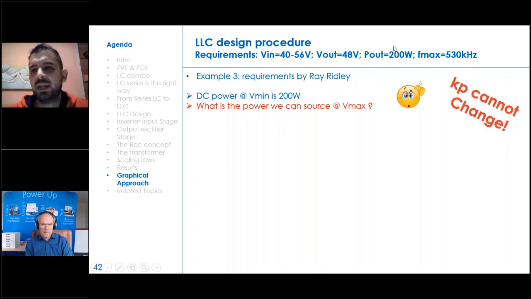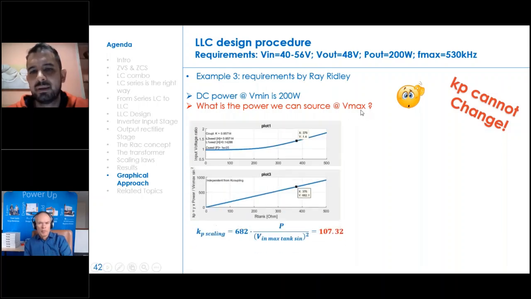So if Ray gave me these requirements here, obviously I have targeted these 200 watts at minimum bus, so at 40. So what is the power I can source at maximum bus? Easy with the graphical approach. I remember that the scaling factor is 107, something like that.